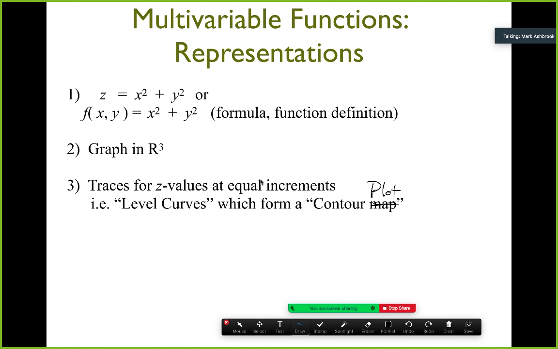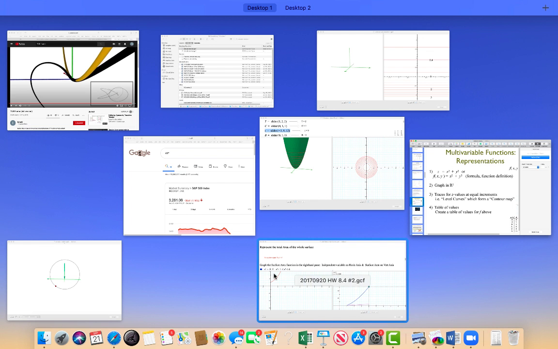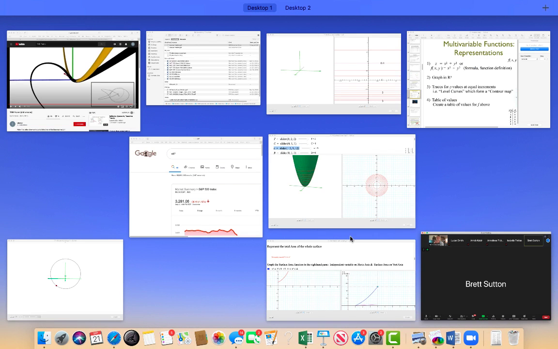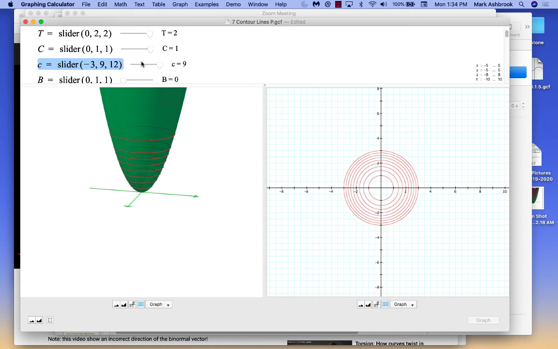And actually we already made this a week or so ago. Two weeks ago. Oh, is that the one that has the whole bunch of paraboloids right in front of each other? Yeah, and I don't want to give it away here. Share. You have a paraboloid. Turn this off here.